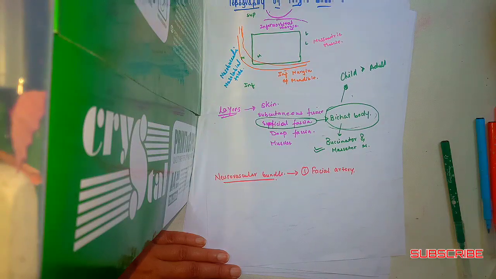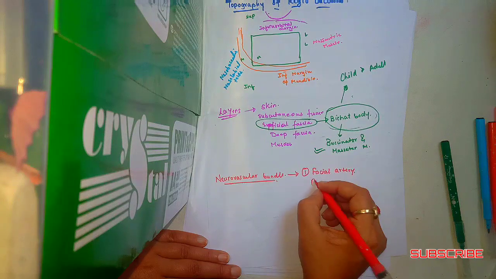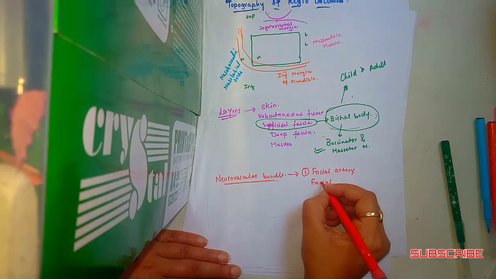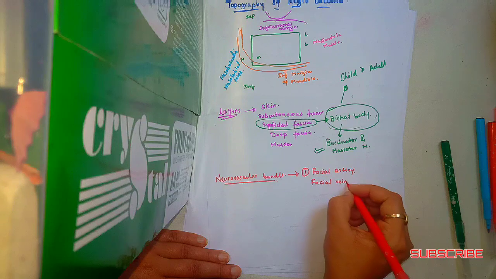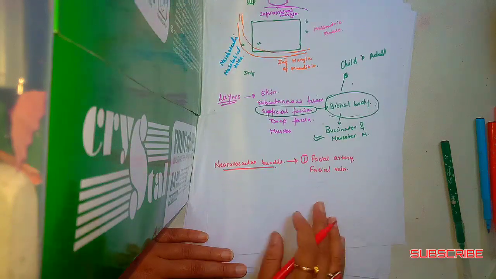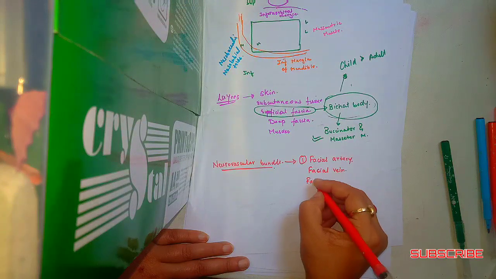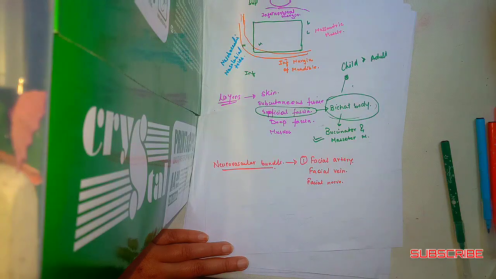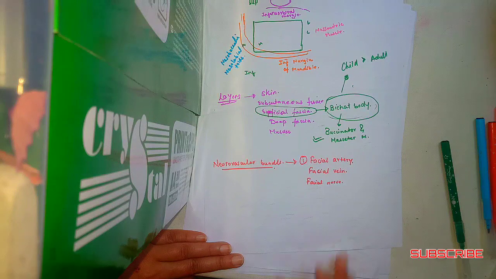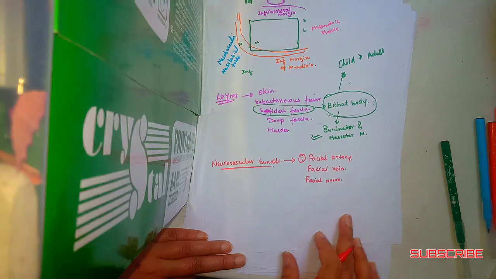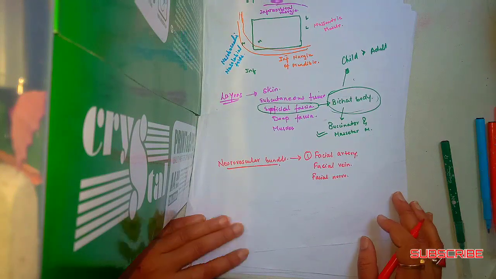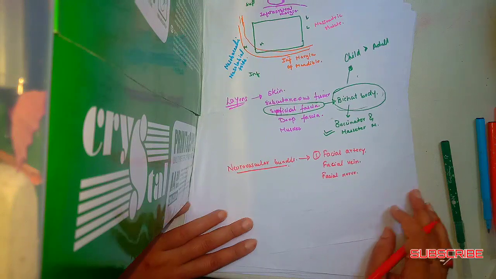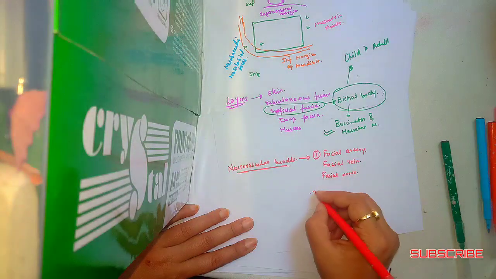So if there is a facial artery, then there must be a facial vein by the same name. And from the cranial nerves we know that the facial nerve is innervated in the face, right? Now the two more neurovascular bundles are also innervated here.